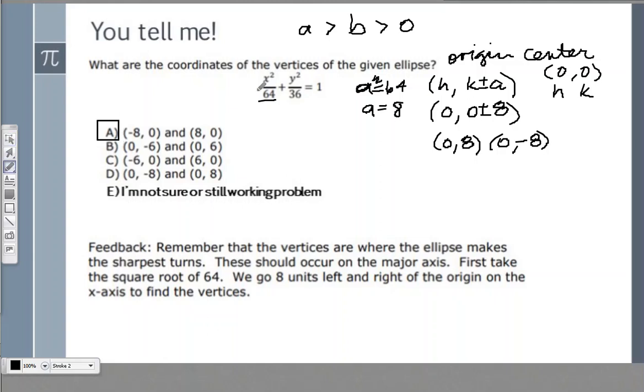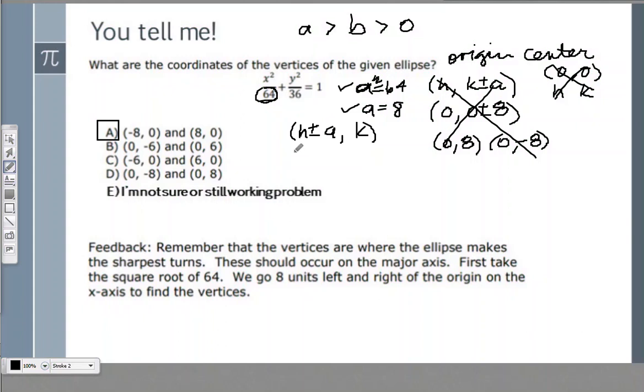This is correct. A squared, A equals 8. I'm sorry, my vertices should have been H plus or minus my A value and then my K value. So my H is 0, that was 8, and that's 0.